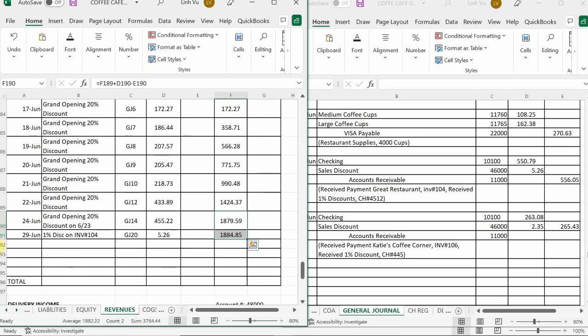And then don't forget to also update your sales discount. And then for $2.35, which should just give you your grand total to be $1887.20.